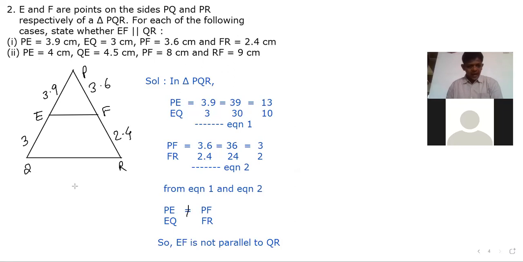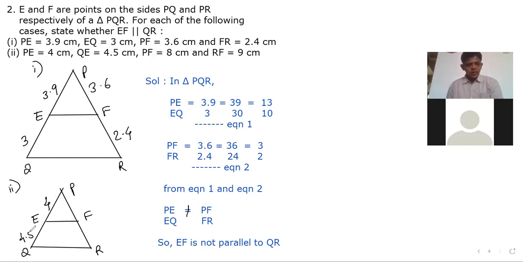So for the second one, again I have the triangle PQR and EF. PE is 4, QE is 4.5, PF is 8, RF is 9.